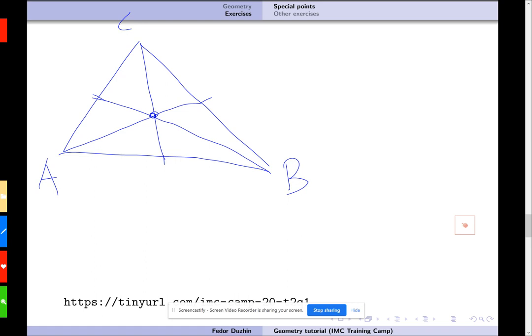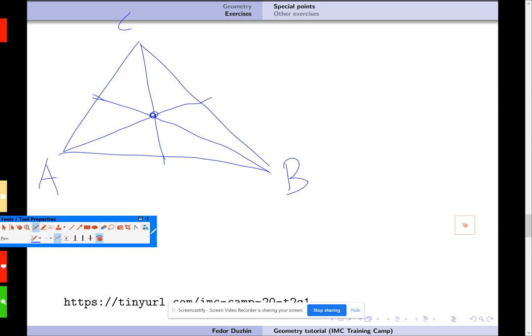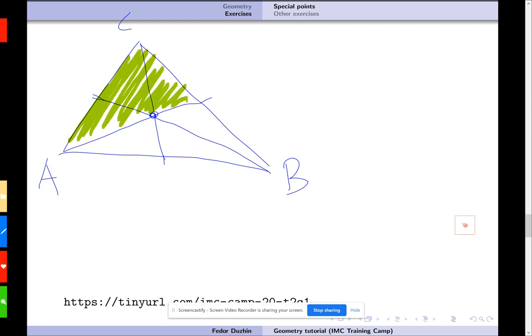So how can we show that all these triangles have equal area? First notice that this triangle has the same area as this triangle, because BC is split into two halves.